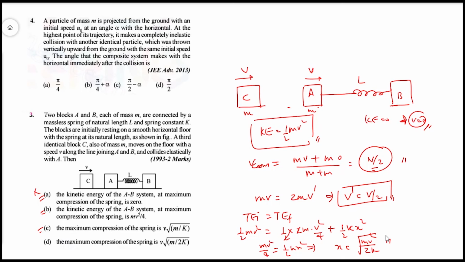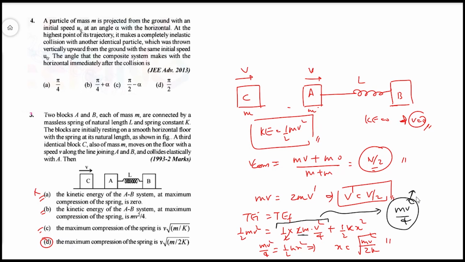So this is option D, and this D is correct. They're also asking about the kinetic energy of the AB system at the maximum compression. At the maximum compression, the system is moving with v dash, so the kinetic energy is half into the total mass into the common speed v dash square, which is v square by 4, and that translates to mv square by 4.